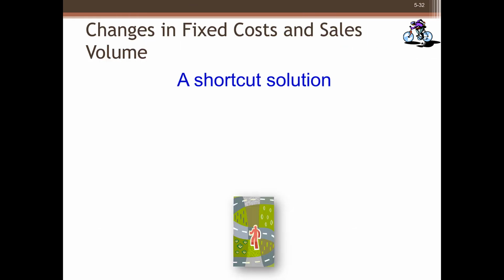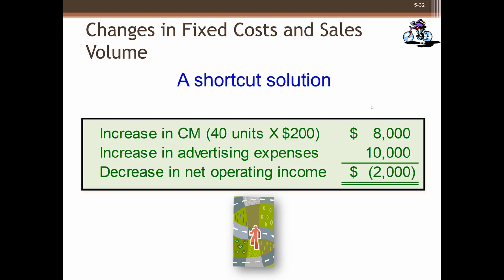And we can also use a shortcut to calculate. Here, we can just calculate the increase in contribution margin using unit contribution margin. Unit contribution margin $200, we multiply by increased sales units, 40 units. So we can get increased contribution margin of $8,000.